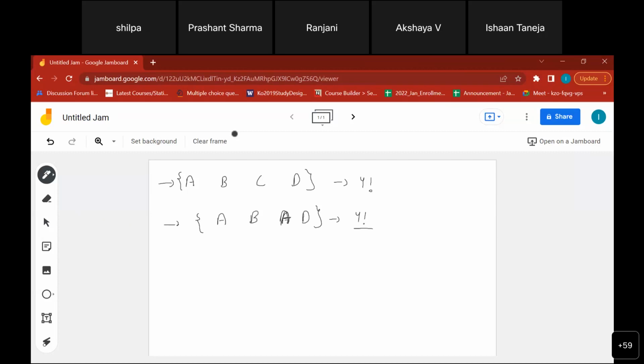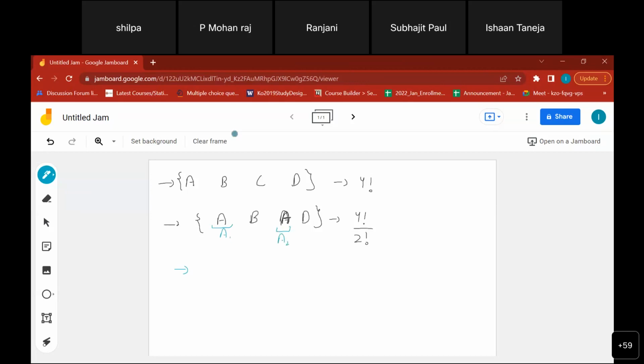Do you know the reason why we are dividing by 2 factorial? The repeated letters can be arranged among themselves in 2 factorial ways, so we divide by it. Suppose this A is A1 and this A is A2.